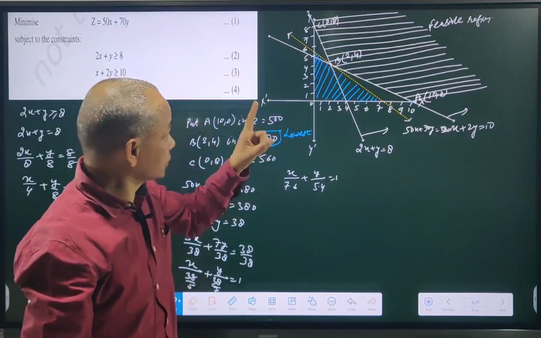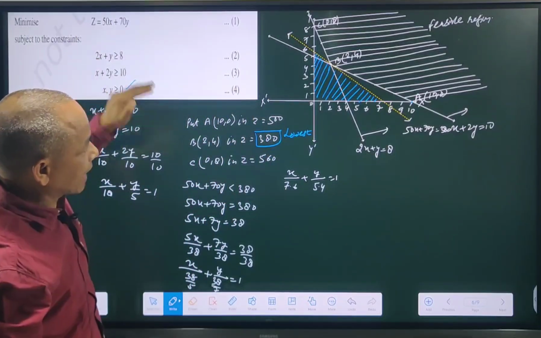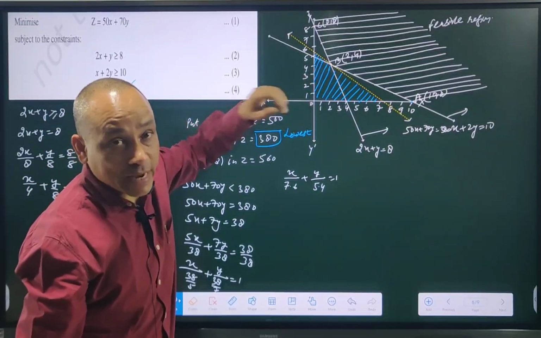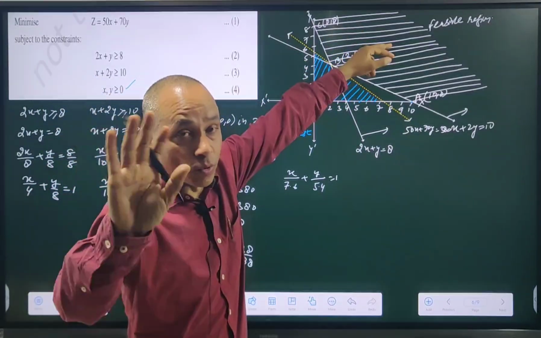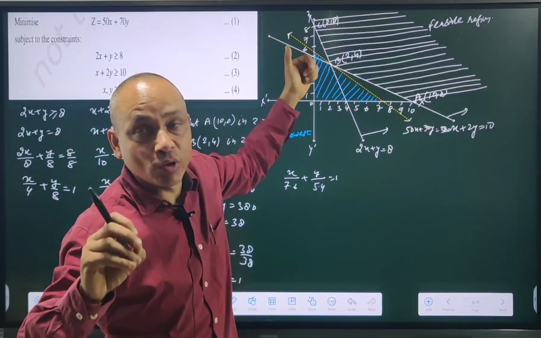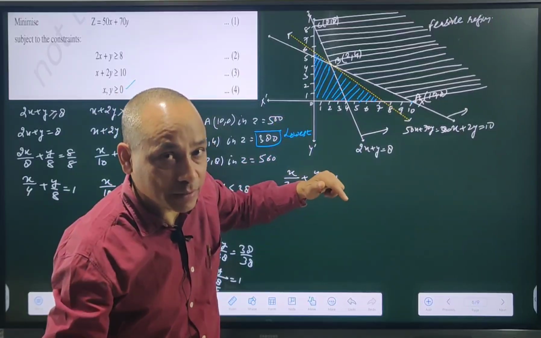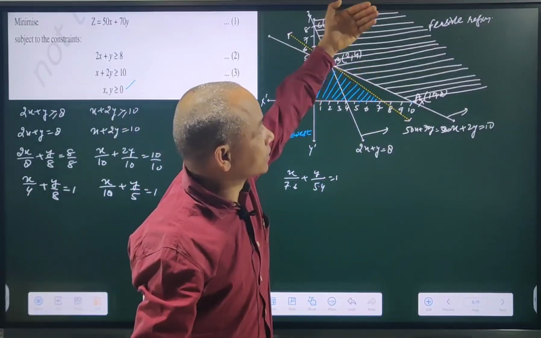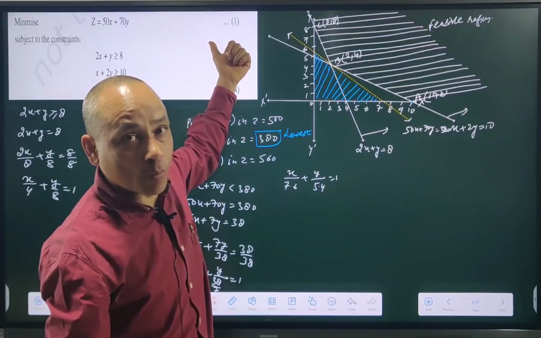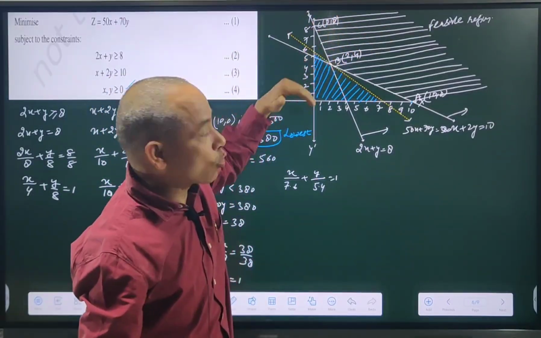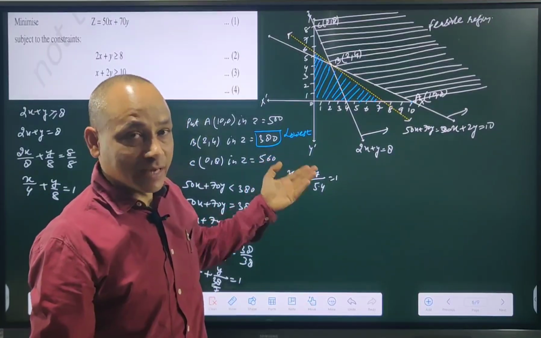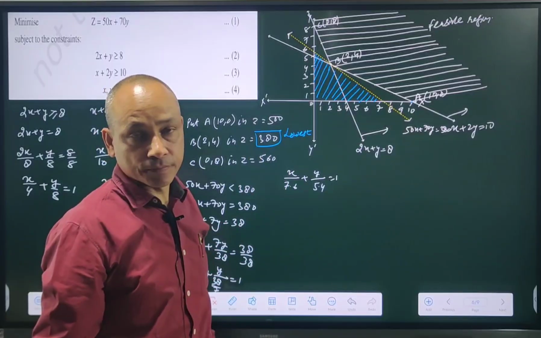It means the objective function z can have a value less than 380 in this region. That means in the feasible region there is no point which can give the objective function a value less than 380. The feasible region and the open half plane don't have any point in common. That means the lowest value of z is the minimum value of z, right?